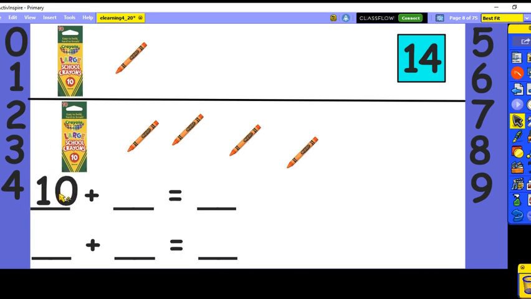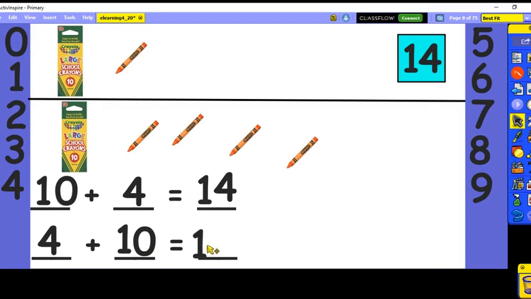So 10 plus 4 equals 14. And then our related fact, if we change the order of our add-ins here, we'll have 4 plus 10 equals 14. So 1 box and 4 single crayons to make 14 crayons.